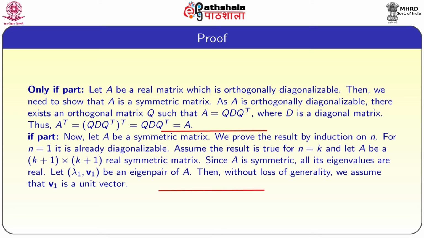Since A is symmetric, all its eigenvalues are real. Let (lambda 1, v1) be an eigenpair of A. Without loss of generality, we assume that v1 is a unit vector. If it is not, we can divide by its length, and then it is also a unit eigenvector.